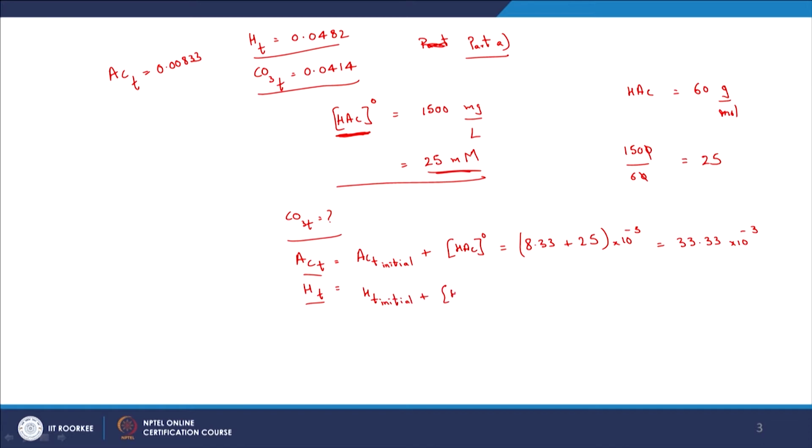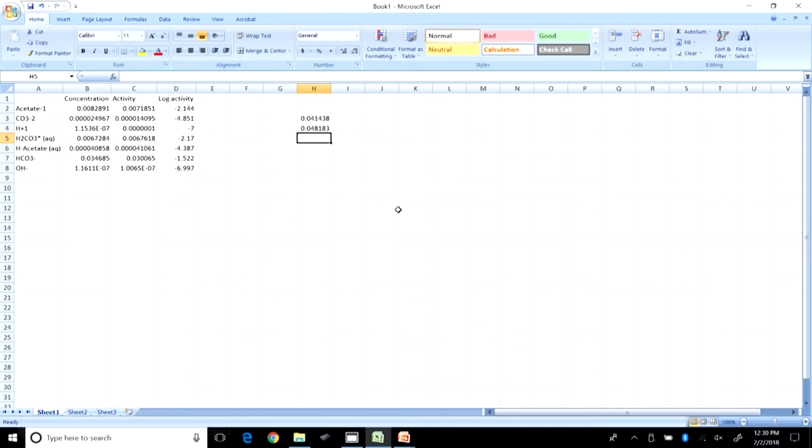And H total is again going to be equal to H total initial plus HAc naught, and what do we have initially? It is 0.0482 plus 25 into 10 power minus 3. So, let us use Excel to plug this in, and I think we already have this value. This is our particular case of H total, right.